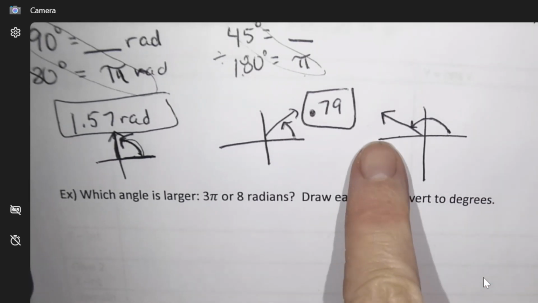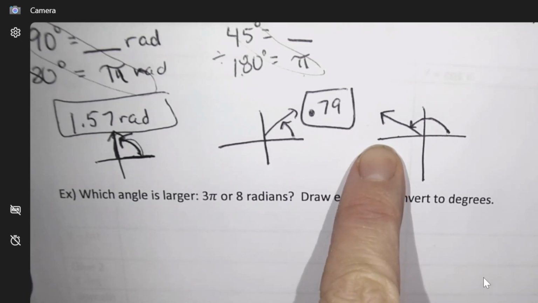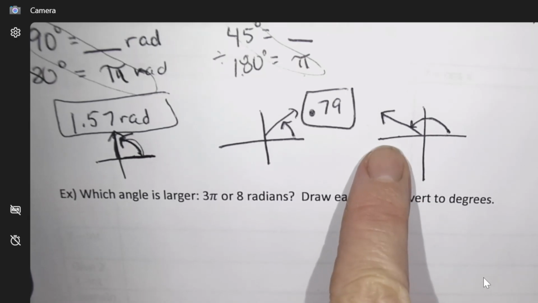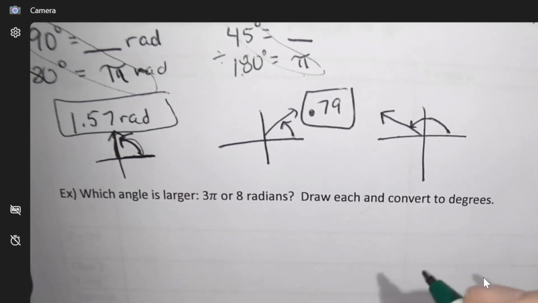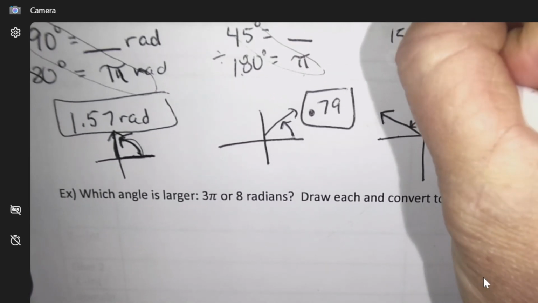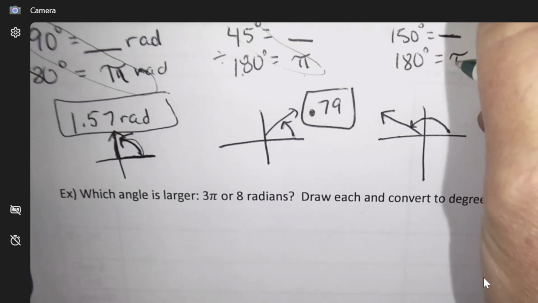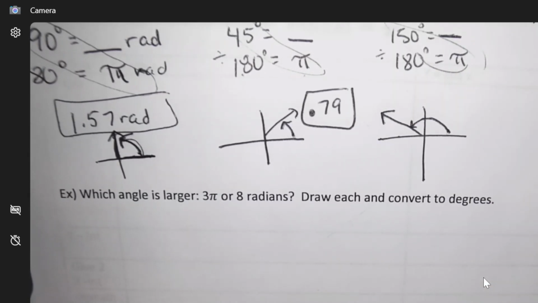Do we understand that this half is 180? So don't go halfway yet. This number is going to be a little bigger than 1.57, right? Okay, so 150 is blank when 180 is pi, times and divide.